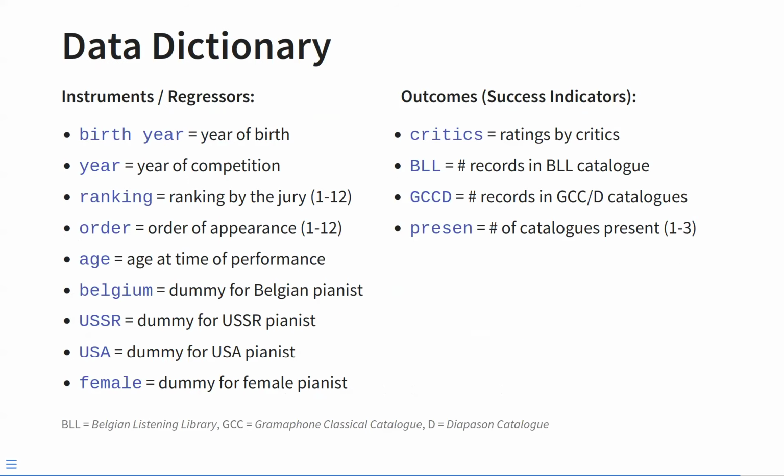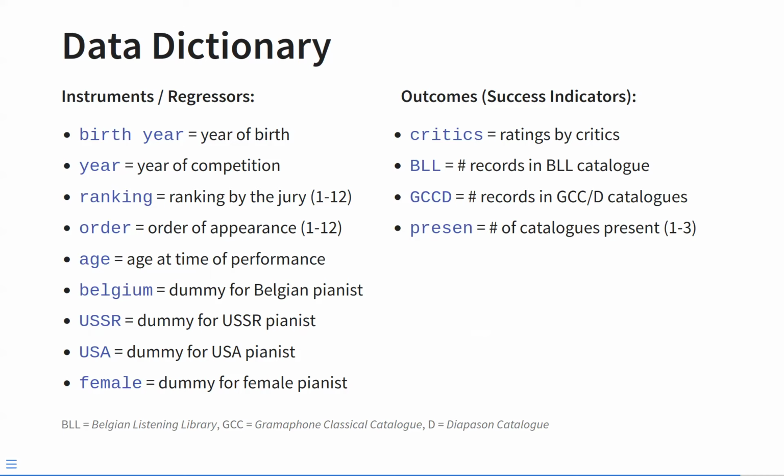First, on the left-hand side, we have some instruments and exogenous regressors. We've got the year of birth of each competitor. We've got the year of the competition. Remember that this did not just use data from one year of the competition, it used data from many years. We have the ranking by the jury, which ranks the competitors from 1 to 12.